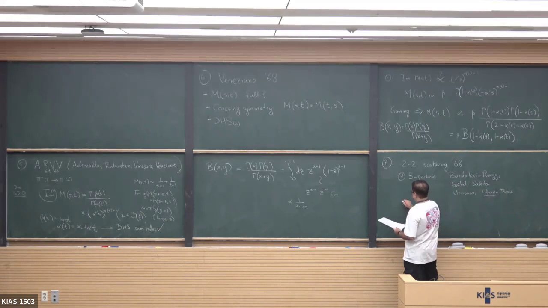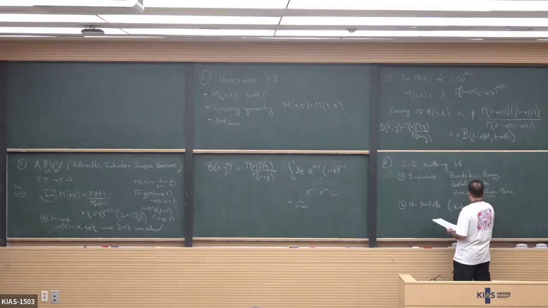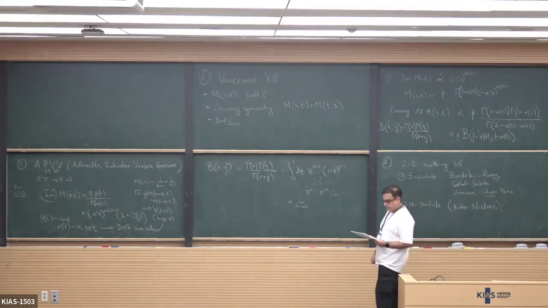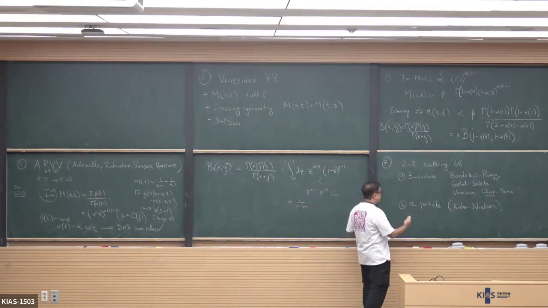Then the n-particle generalization happened very, very quickly, and this, of course, is the famous Koba-Nielsen amplitude. Unfortunately, I haven't made a note of the day of the year, but I think it's roughly around the same time. So it's quite remarkable that all these fascinating developments happened very quickly.